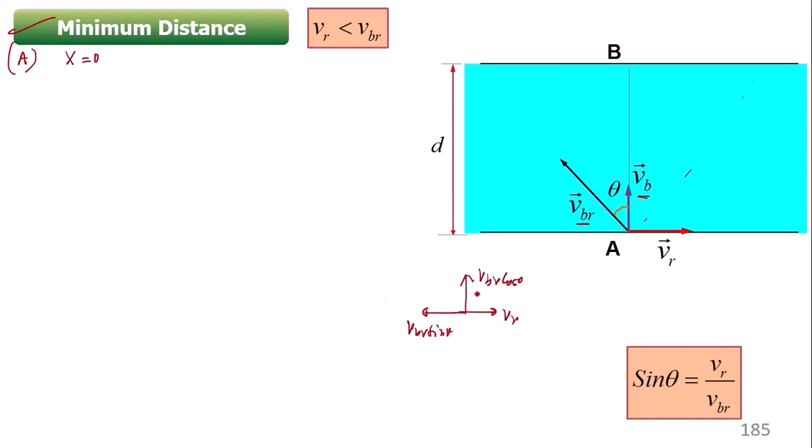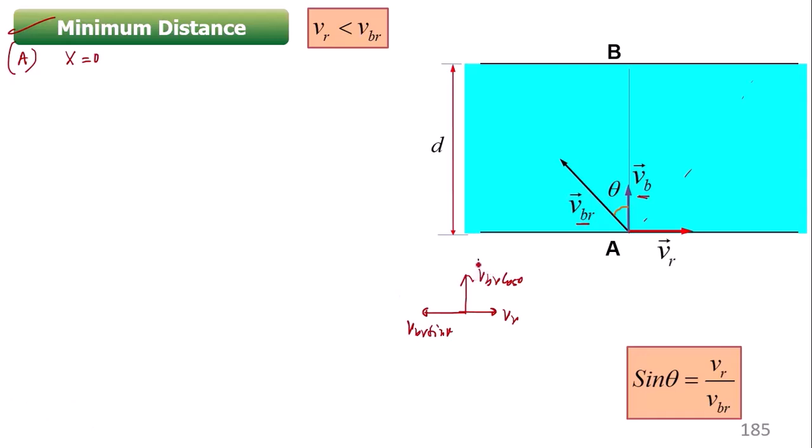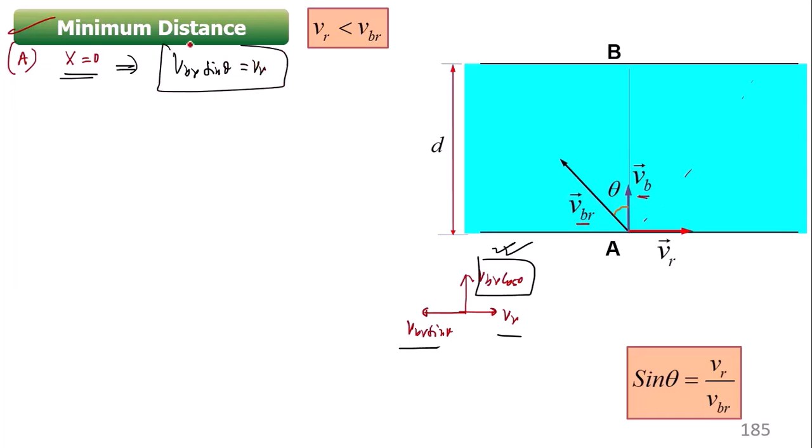In order to get only the VB that is perpendicular, you are trying to keep only this component, which means these two should cancel out. For minimum distance with X equal to 0, the condition is that VBR sin theta should be equal to VR. Once these two are equal, I can say it has only a vertical component and no horizontal component is left.